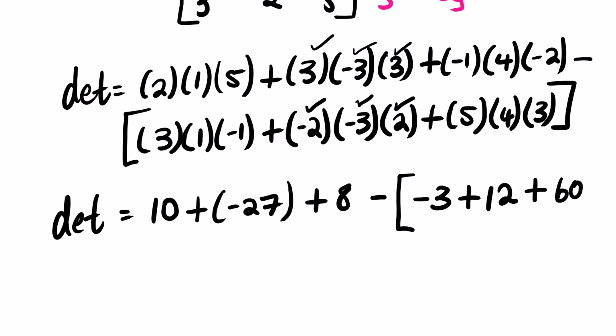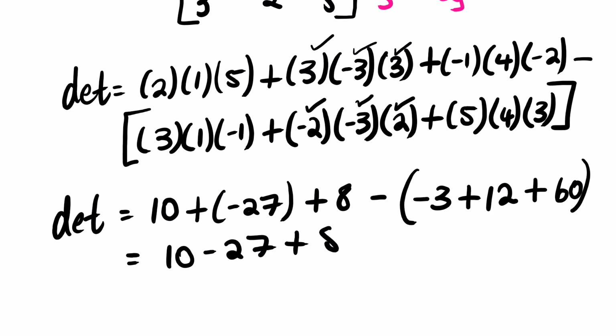Actually, there's no need for a square bracket. You can simply put this. So we have 10 minus 27 plus 8.